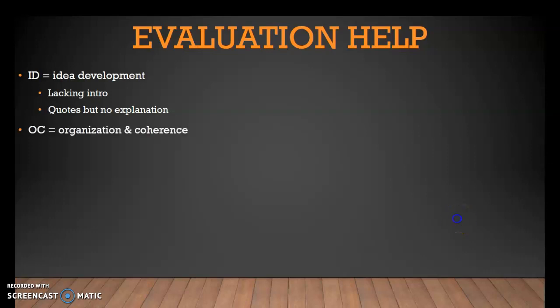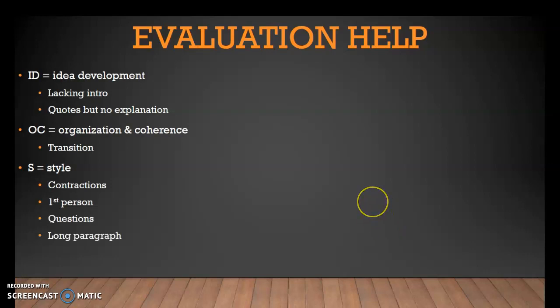If you see OC, organization and coherence, a lot of those markings are because I saw no transitions. Maybe you have an S for style. A lot of people are going to see this. Maybe you had contractions or first person or rhetorical questions, or you just had a long paragraph. S is going to kind of cover all of those things.